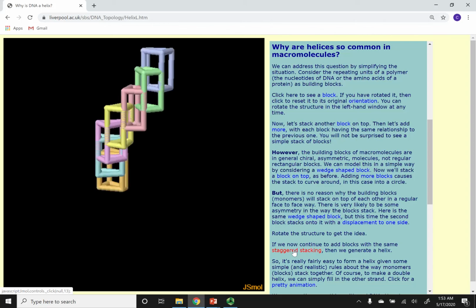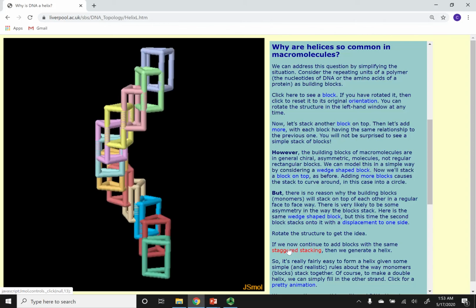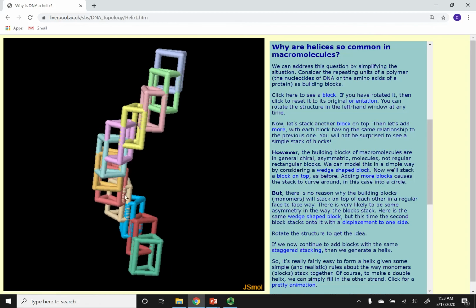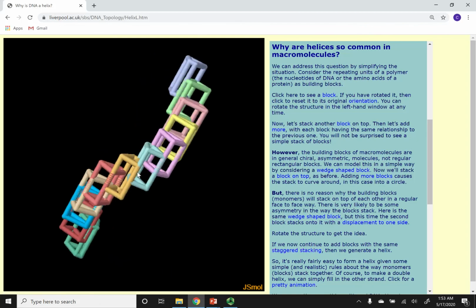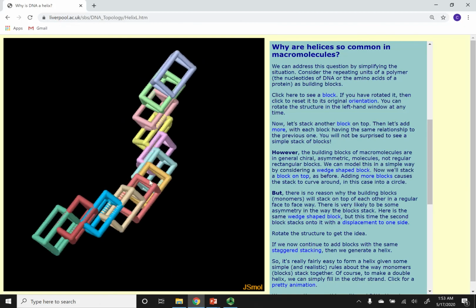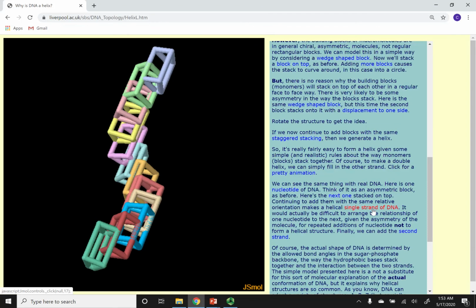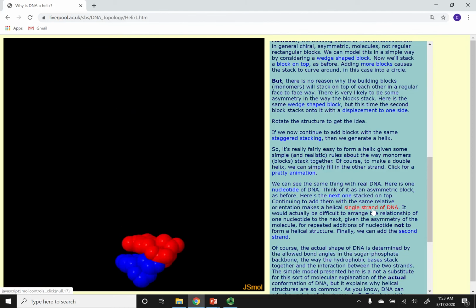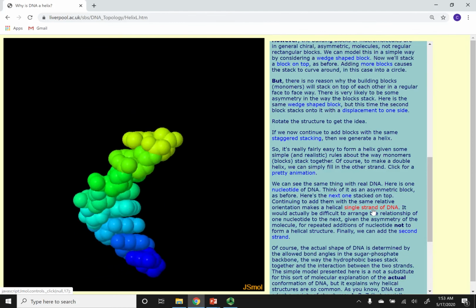If I were to stack them together, what you guys will see is that I start to build my helical structure. So this would be one strand of DNA. Now, if we wanted to get a better representation of our DNA molecule, we can go ahead and build one strand of DNA.